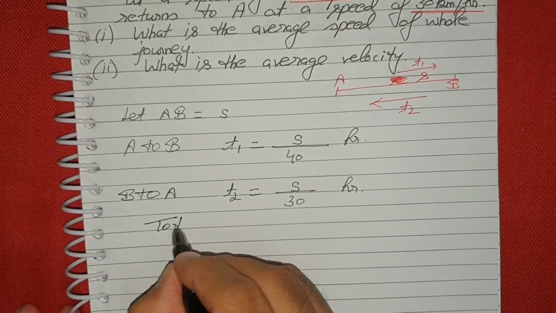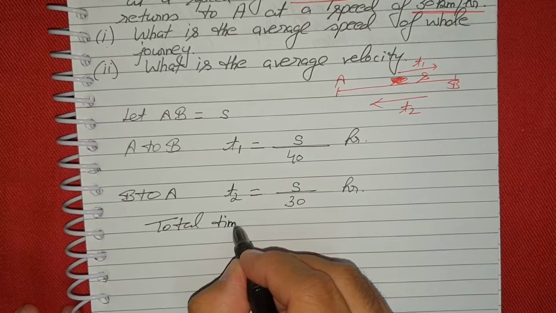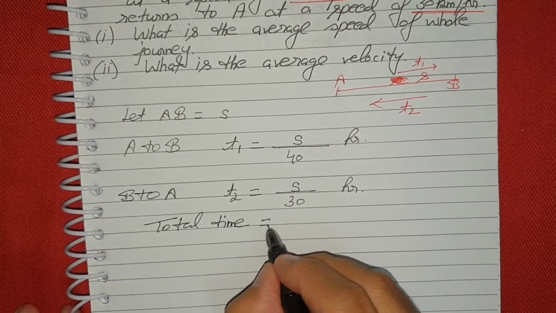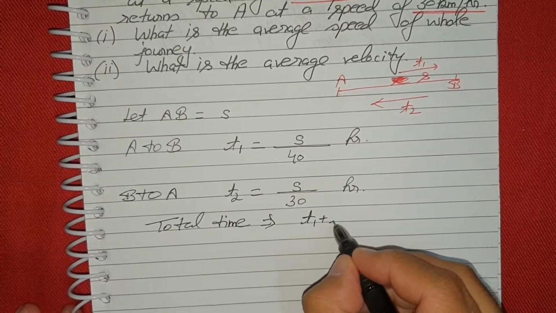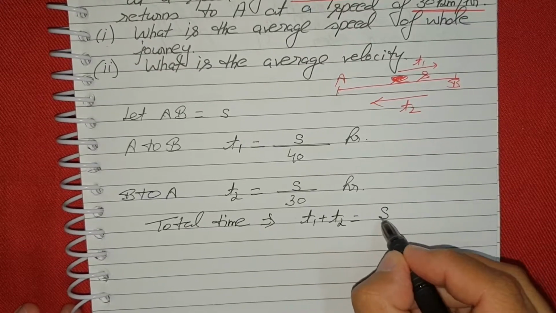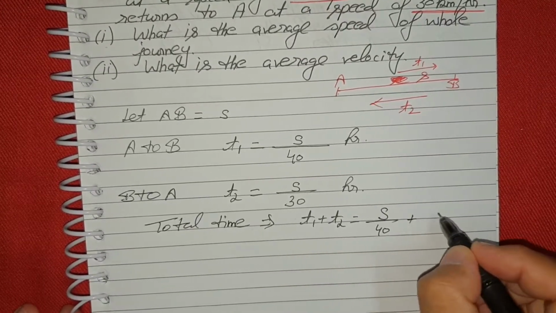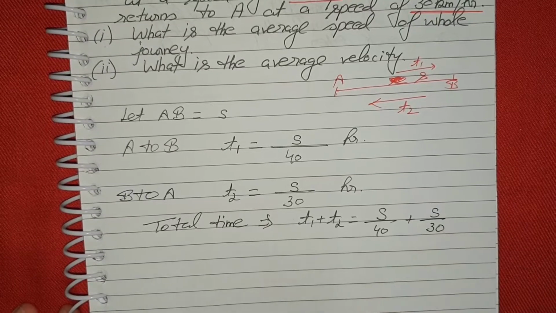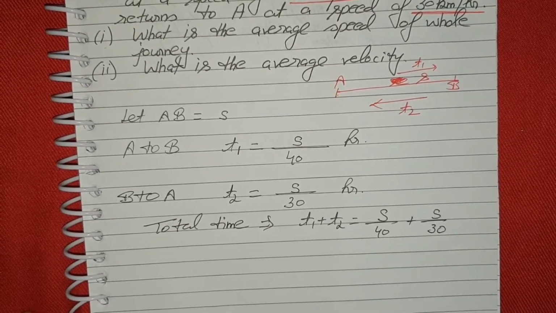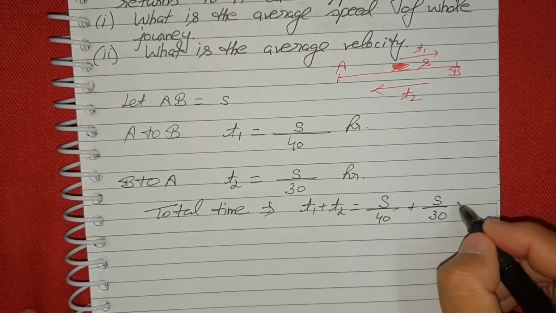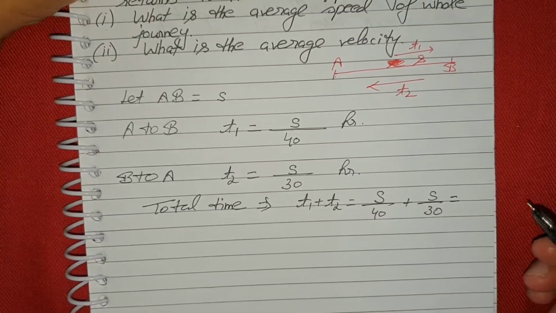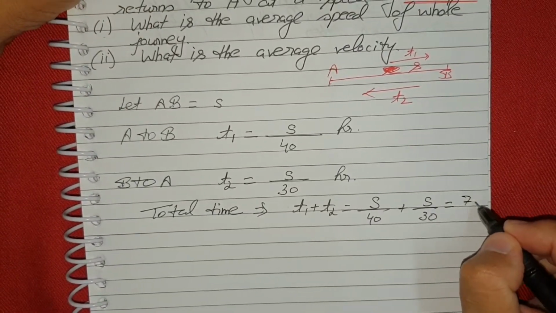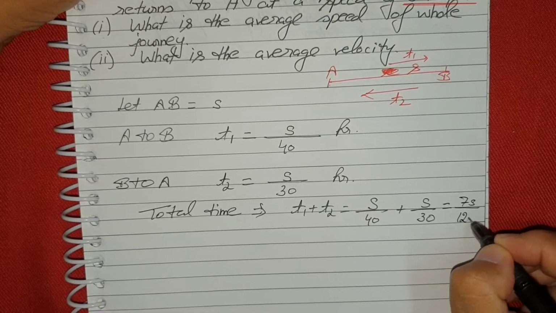Now, what is the total time taken? Total time is T1 plus T2, that is s by 40 plus s by 30. So, if you solve it, this will be 7s by 120.